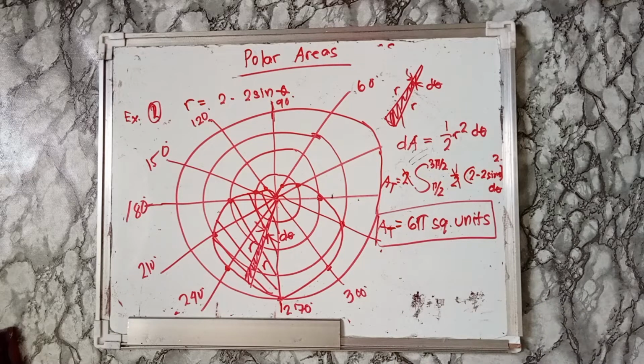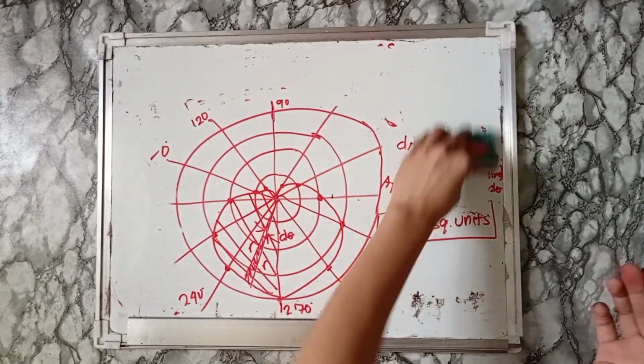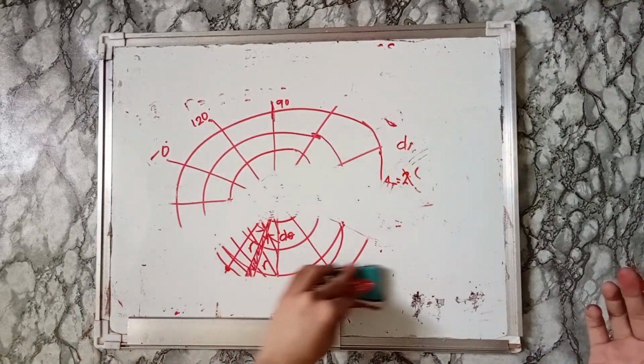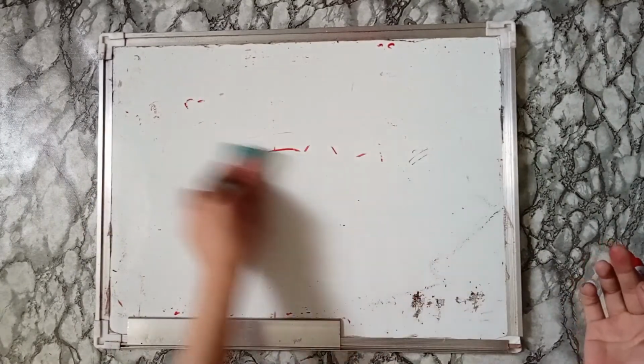Now I think that's it for the polar areas. Now let's go to volumes. In volumes we have three methods on how to find the volume using integration.